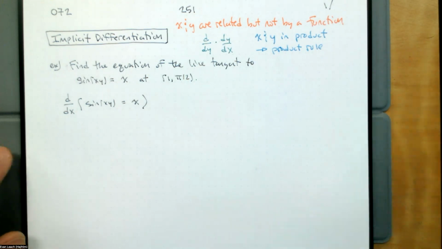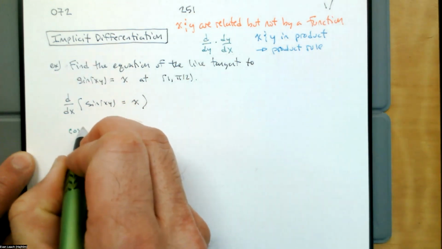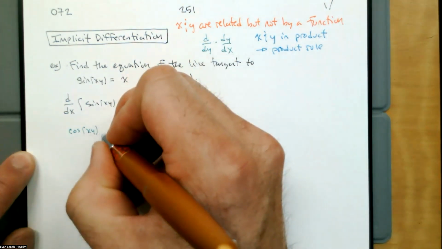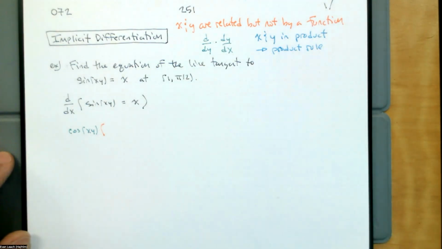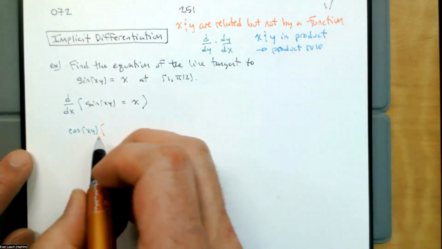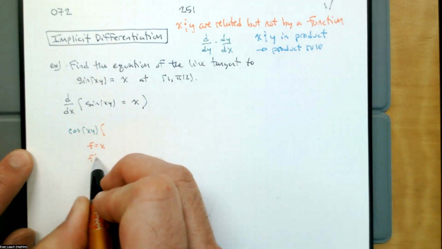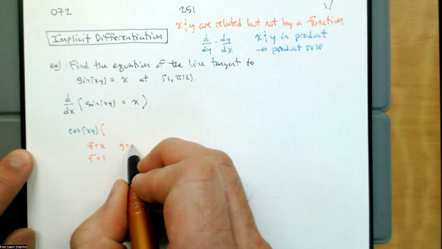So the derivative of sine of a thing is cosine of that thing times the derivative of that thing. And the derivative of that thing is going to need a product rule, where our first function is an x, and our second function is y.